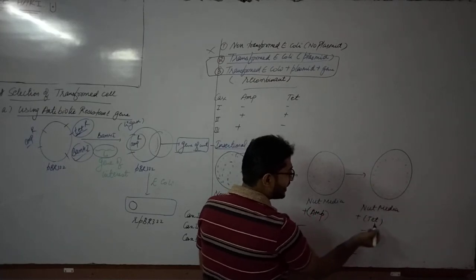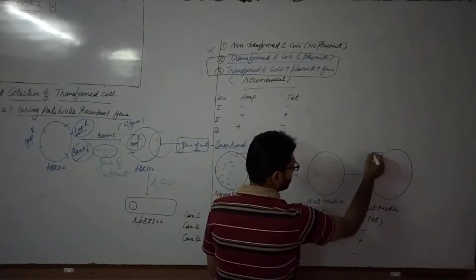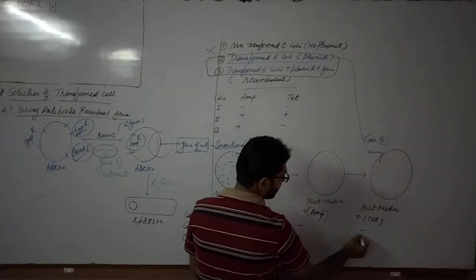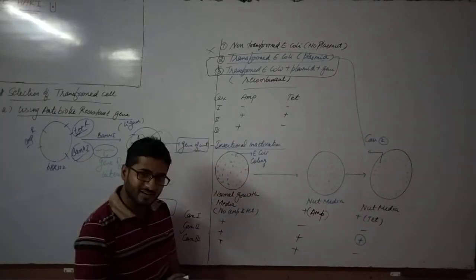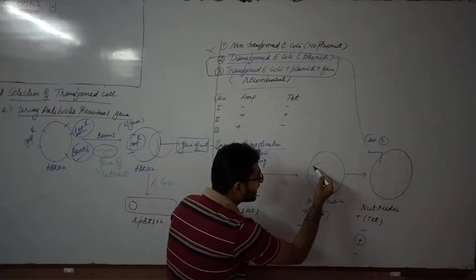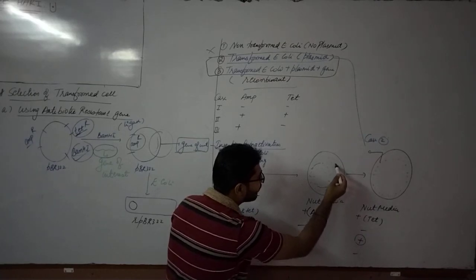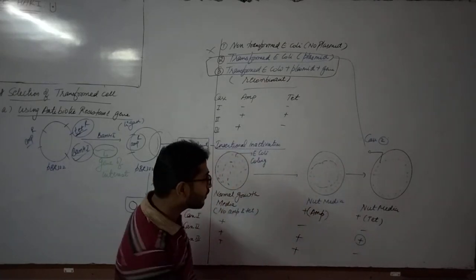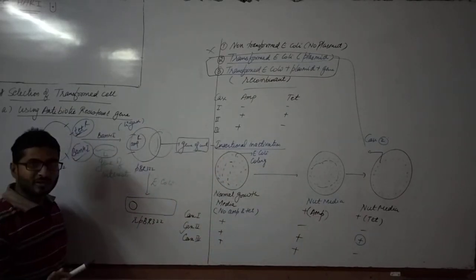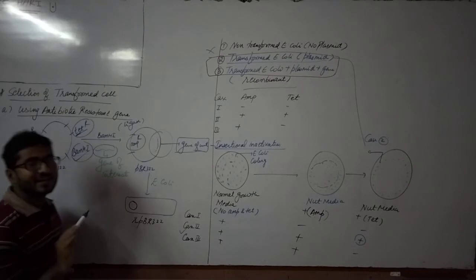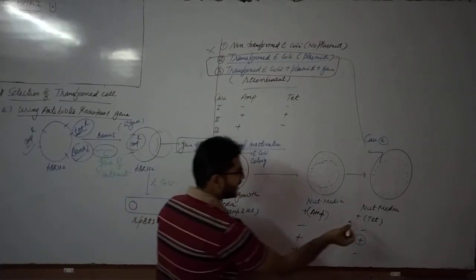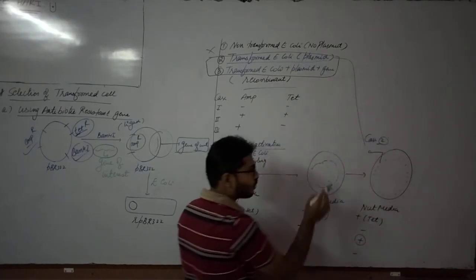These circular colonies are of case number 2, because only case number 2 has plus. Here the recombinant ones are not growing. So these middle section colonies are our recombinant colonies.